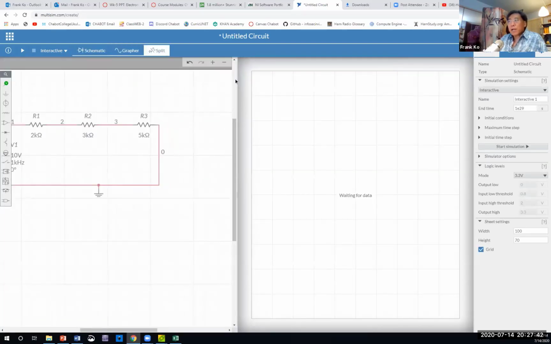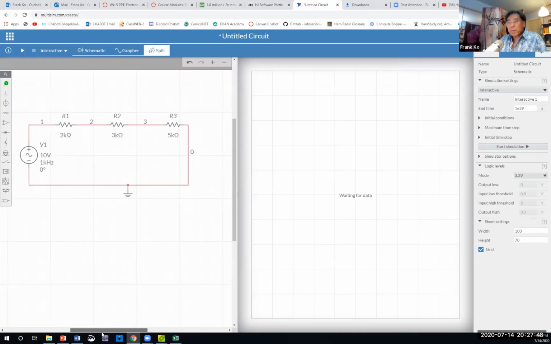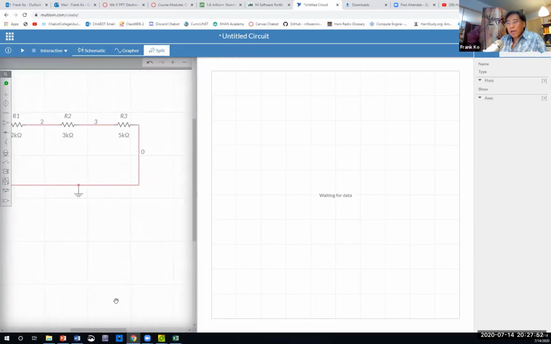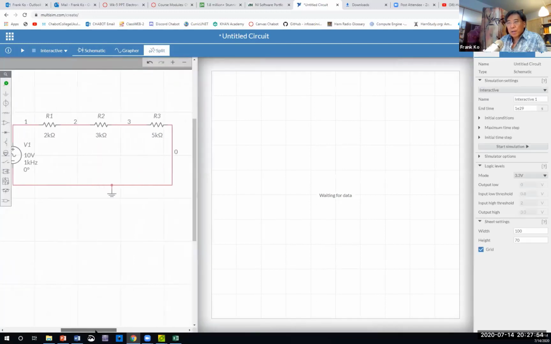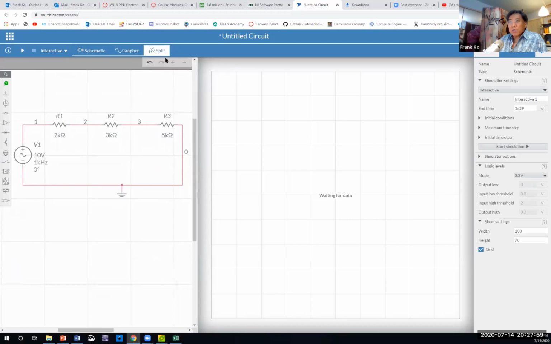When I hit split, I can see an O-scope display, and I can see my schematic side by side. So that is accomplished by hitting this little split thing here. Over here, I've got a run simulation triangle, and I've got a stop simulation triangle.